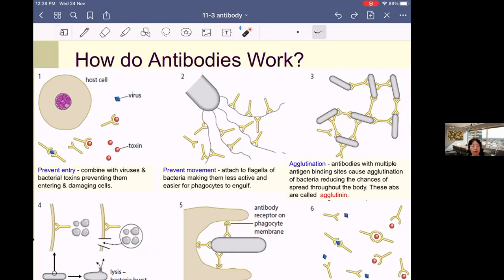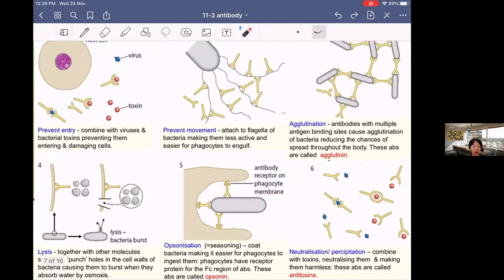Okay, now the fourth way of the antibody acting is it will cause lysis. So that means when the antibody binds to the bacterial cell, say for example, then it will cause another molecule to come and punch holes onto the bacterial cell wall.